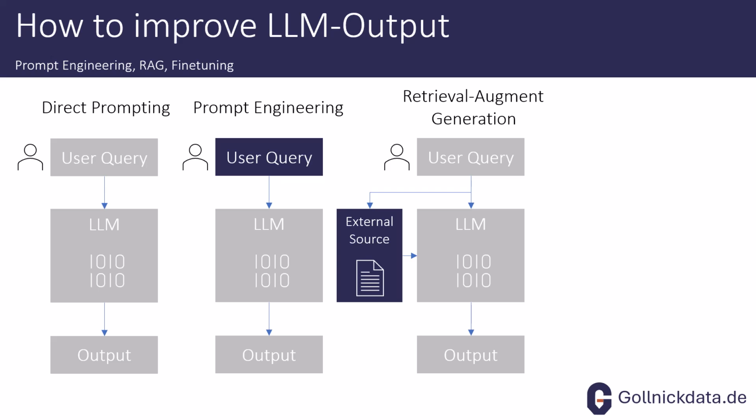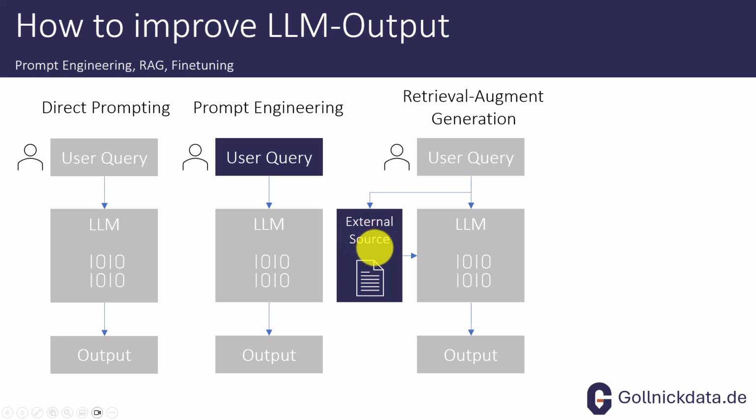But here, just quickly on a very high level, we are starting out again with the user query, and then the user query is passed in two different ways to the model. One way is the direct passing to the large language model. The other one is that you make a bypass, and the user query is passed to some external source.